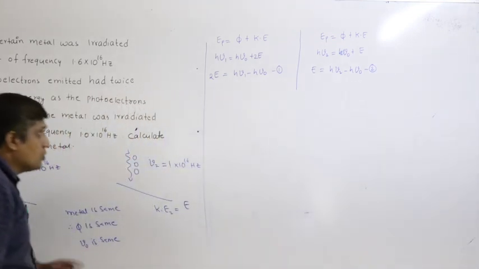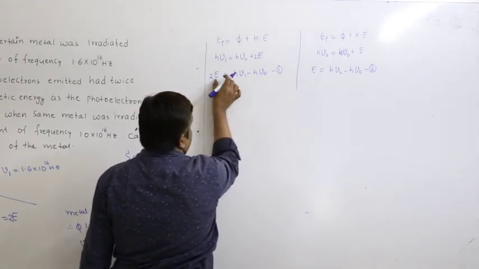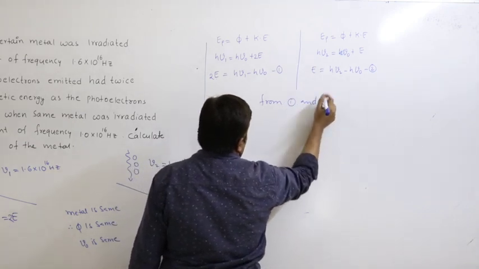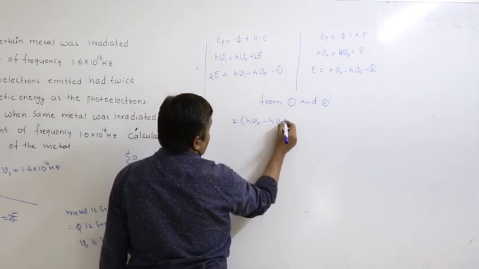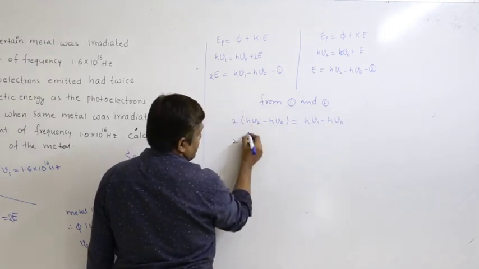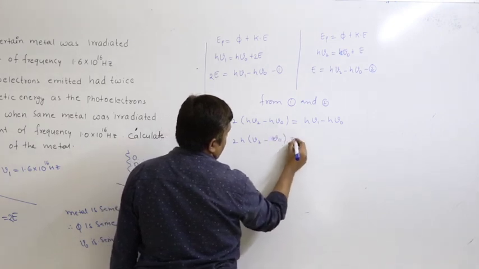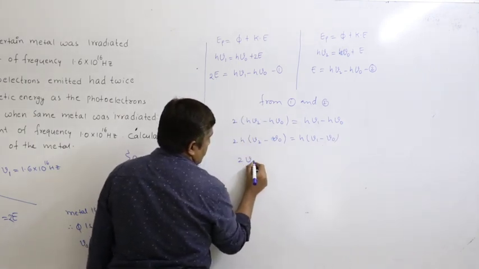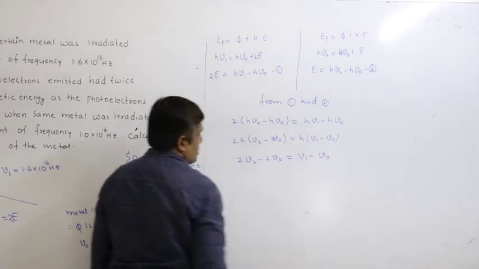So our aim is to find nu naught. In the place of E, I will substitute from equation 2. So what I will get: 2 h nu 2 minus h nu naught equals h nu 1 minus h nu naught. We can cancel h by taking common. So 2 nu 2 minus 2 nu naught equals nu 1 minus nu naught.